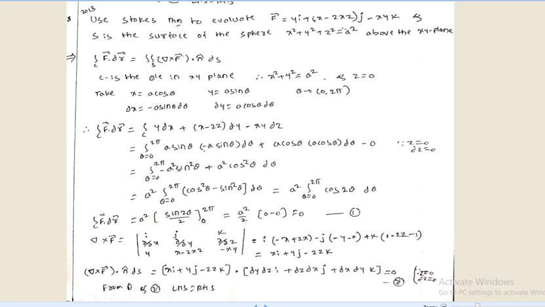Then multiply a sin theta into a sin theta, which becomes a square sin square theta, and a cos theta into a cos theta is a square cos square theta.